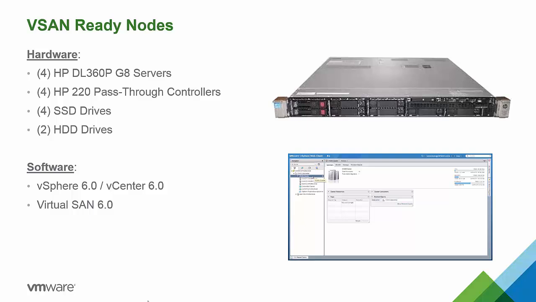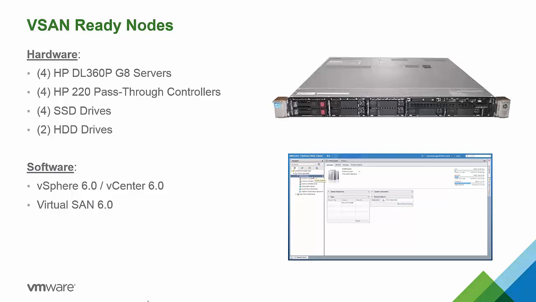These also have the HP H220 pass-through controllers, an SSD, as well as multiple hard drives in each one of these DL360p servers, which are again the vSAN ready nodes. When you purchase a ready node, that means that the server, the pass-through controllers, the SSDs, as well as the regular hard drives are all on our vSAN hardware compatibility list.